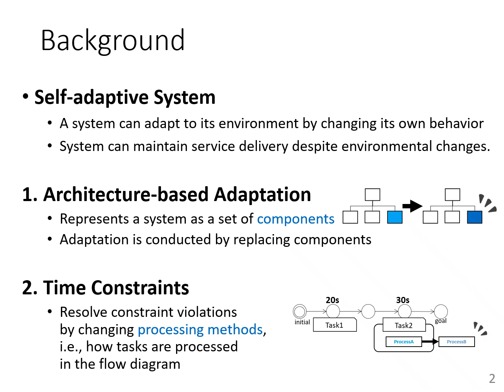This work is on an implementation framework for self-adaptive systems. Self-adaptive systems can autonomously modify their behavior to adapt to changes in their environment. One common approach is architecture-based adaptation, where a system is represented as a set of components, each with a single responsibility.